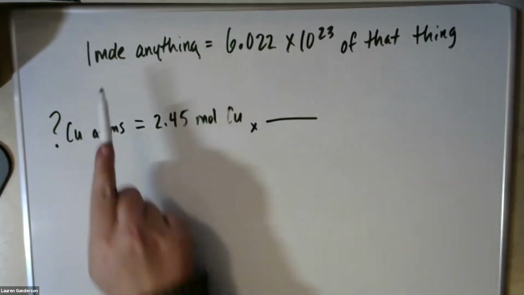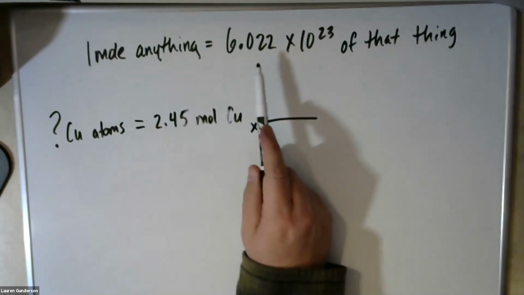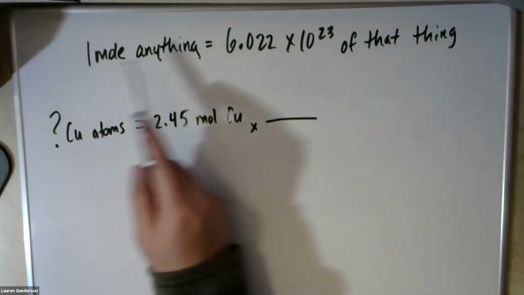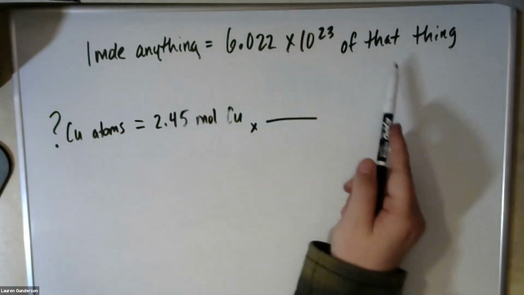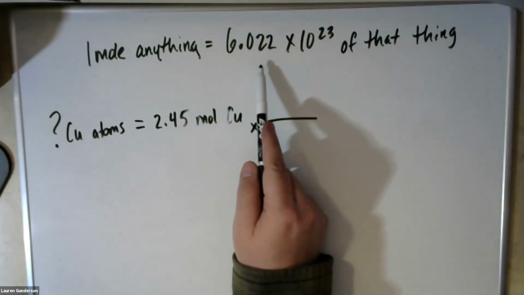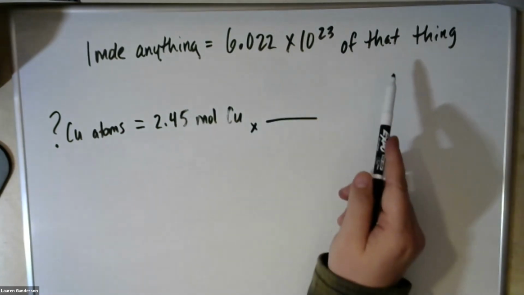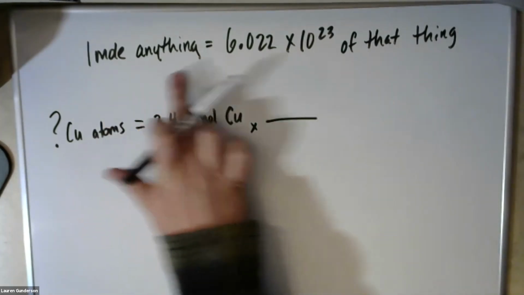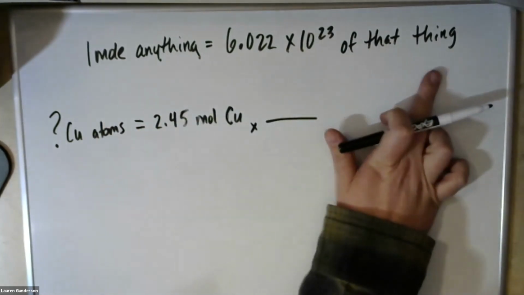So if I have 1 mole of an atom, that's 6.022 times 10 to the 23 atoms. If I have 1 mole of molecules, that's this many molecules. If I have 1 mole of soccer balls, that's 6.022 times 10 to the 23 soccer balls. All right, so that's why I wrote it like this. 1 mole of anything is this many of that thing.